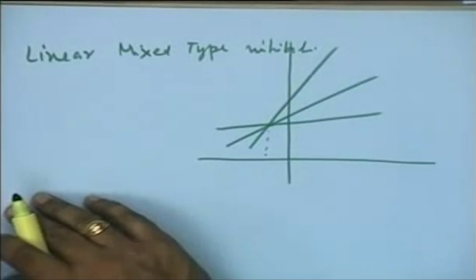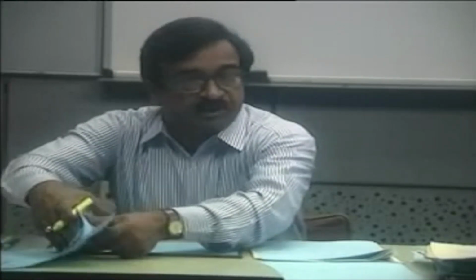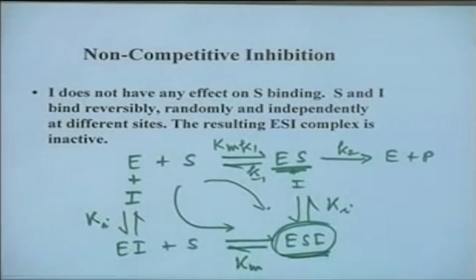Now, this is a typical case of non-competitive inhibition. If you recall non-competitive inhibition, we considered the binding of the inhibitor to either the substrate complex or the free enzyme freely.